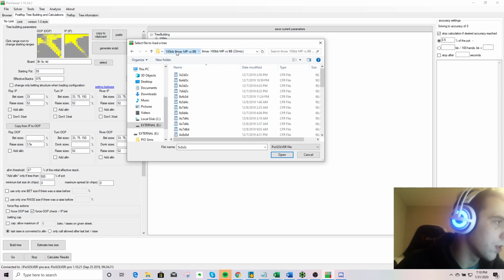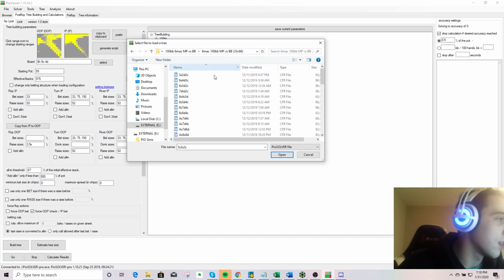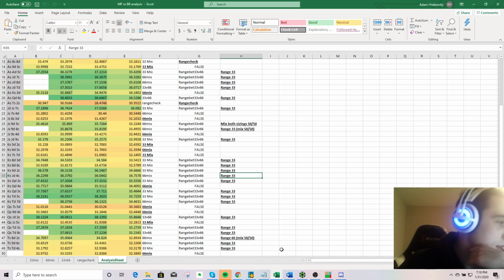Although, if I'm range betting here, this is going to be the sim I want. So I don't know how skewed the results of this are going to be, just because in the sim I have a 1/3 pot c-bet sizing and a 2/3 pot rather than just a 1/3. So I'm not sure how much that is going to skew my results here, but we'll take a look.